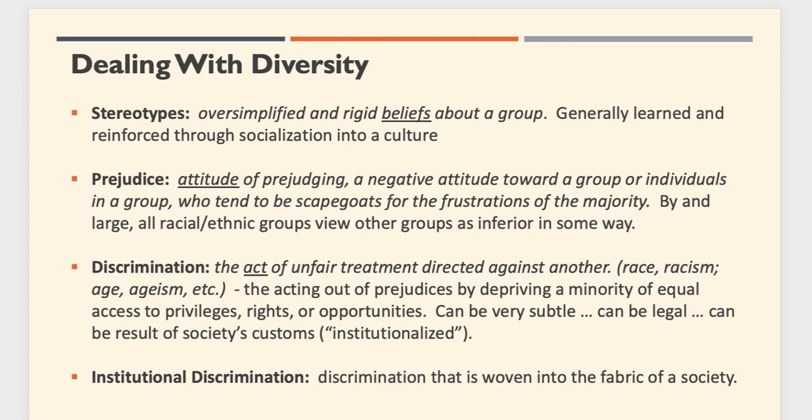Just a couple other basic ideas here. Again, these are things you're likely very familiar with. The concept of stereotype is really about beliefs, right? They're rigid and oversimplified beliefs about a particular group. And usually stereotypes are taught to us from a very early age and reinforced through our socialization. If you've heard my talk about the American values from Phyllis Day, this is part of where these stereotypes come from, that we are taught things.